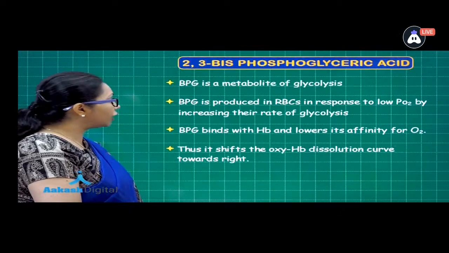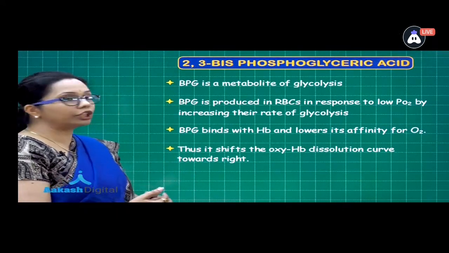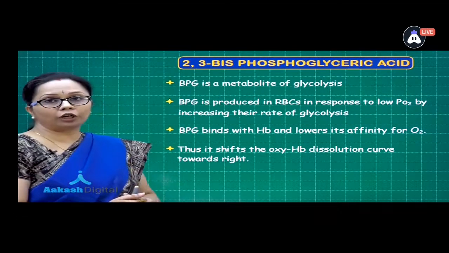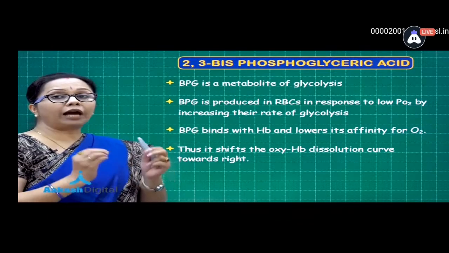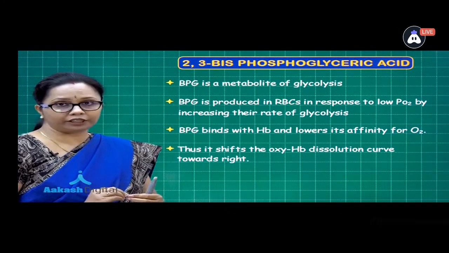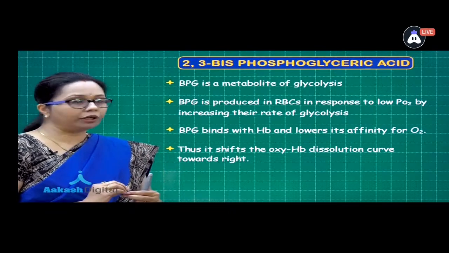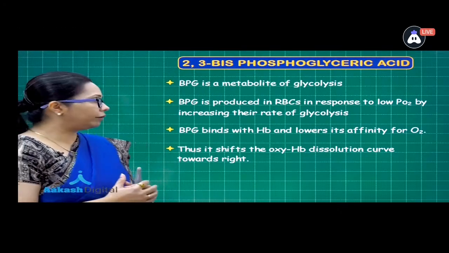Now the other factor that we can mention is this 2,3-BPG, that is bisphosphoglyceric acid. This is a metabolite of glycolysis and it is produced in the RBCs. We have to again remember that RBCs carry out only anaerobic respiration because RBCs lack mitochondria where otherwise aerobic respiration would take place.